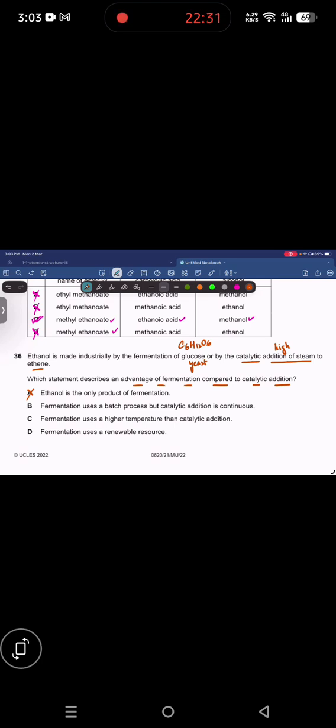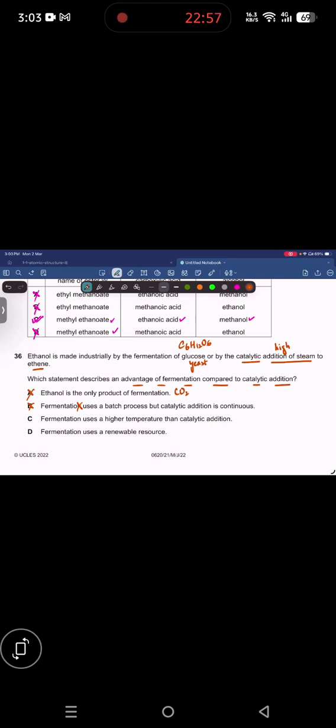One is ethanol and the other one is carbon dioxide. Fermentation uses a batch process, but the catalytic addition is a continuous process. The batch process and the continuous process are not an advantage here. The batch process is a disadvantage of fermentation. We have to check the fermentation advantage here, not the disadvantage.